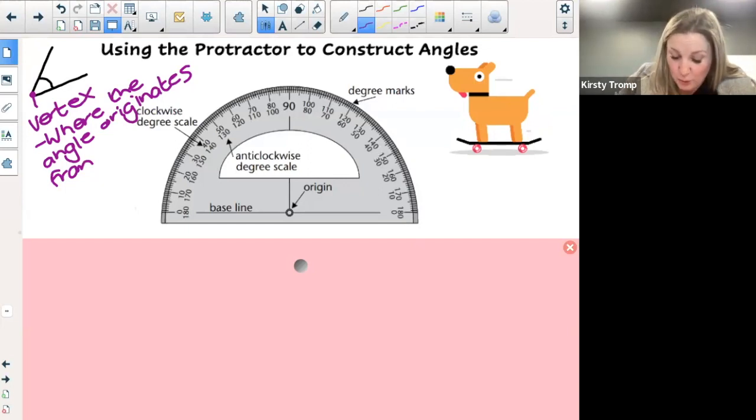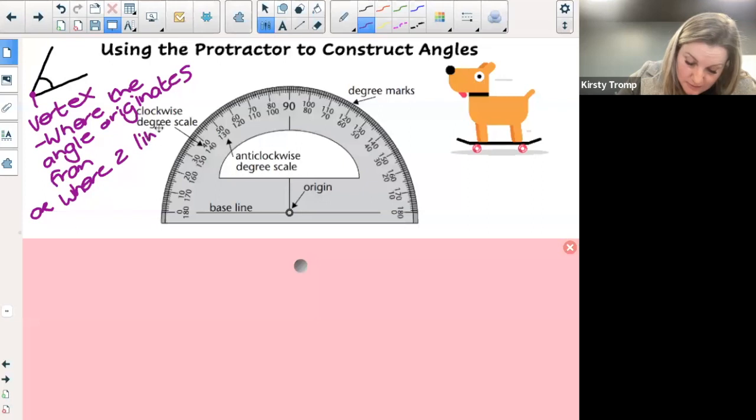So a vertex is where an angle originates from, or where two lines come together to form an angle.